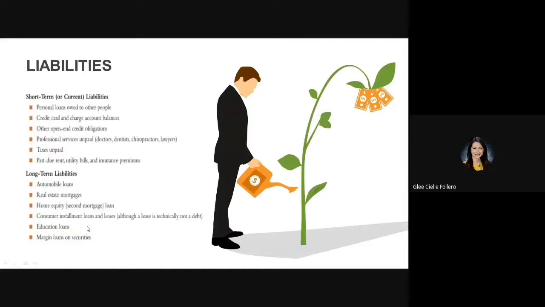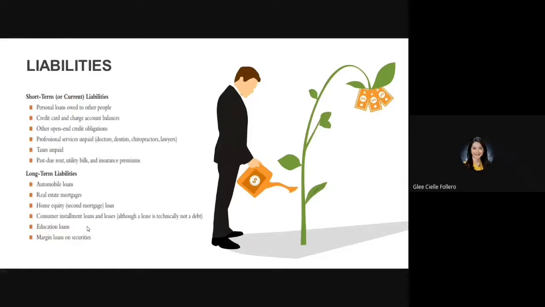Then, let's now come to the liabilities. So, what is owed? The section summarizes the debts owed, including both personal and business-related debts. So, pwedeng short-term or current liabilities. When you say short-term or current liabilities, ito yung mga payables mo within a year.